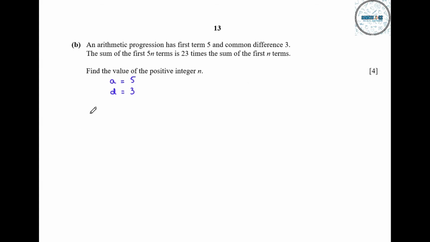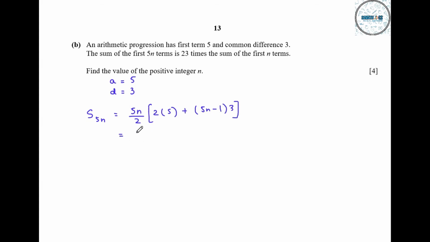So we will take out the sum of 5n terms, which is equal to 5n upon 2, 2a, which is 5, plus n minus 1. So n is 5n here, 5n minus 1 into 3.